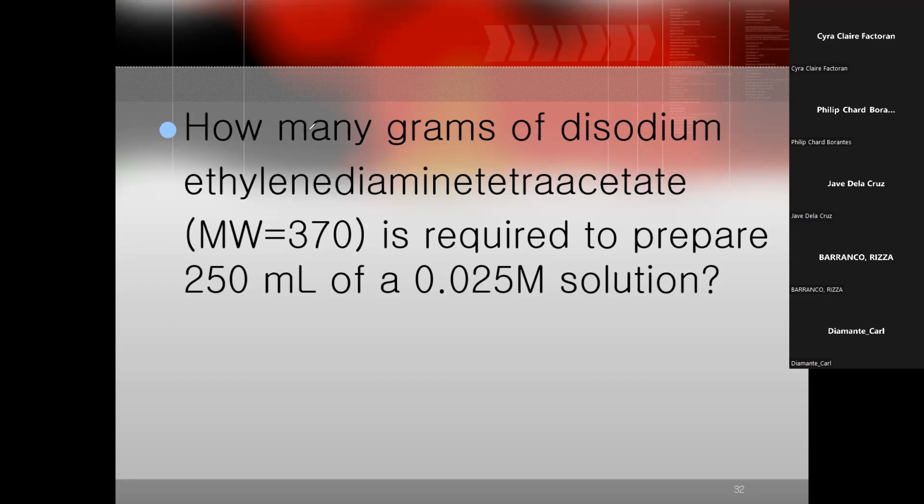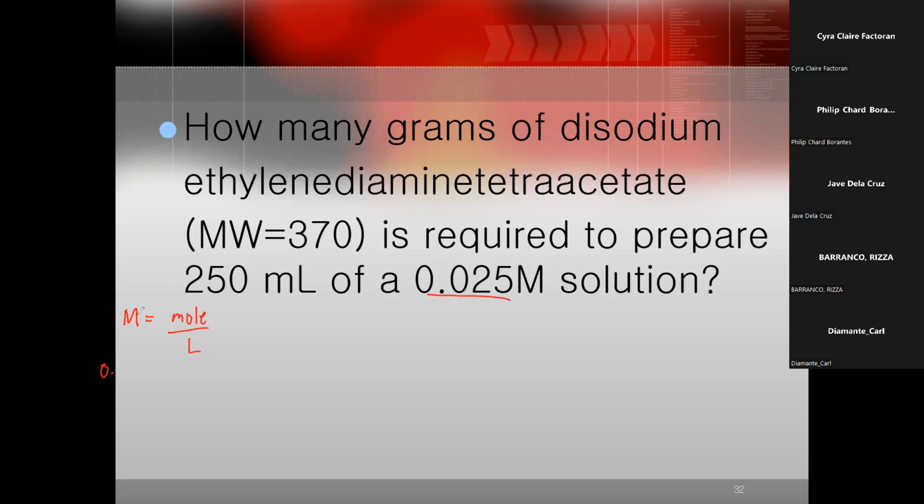Okay, let's see. How many grams of disodium ethylene diamine tetraacetate, molecular weight 370, is required to prepare 250 ml of 0.025 molar solution? So you will go back to the original formula: molarity is equal to moles per liter. Molarity is given.